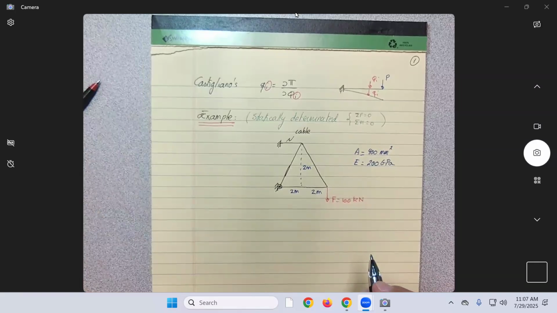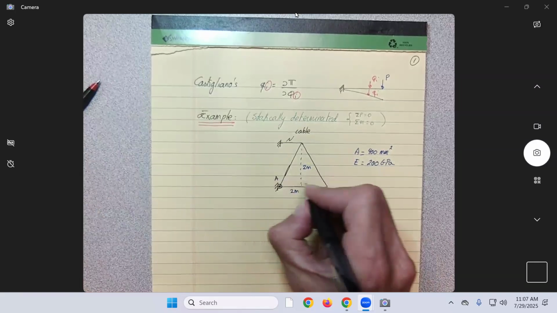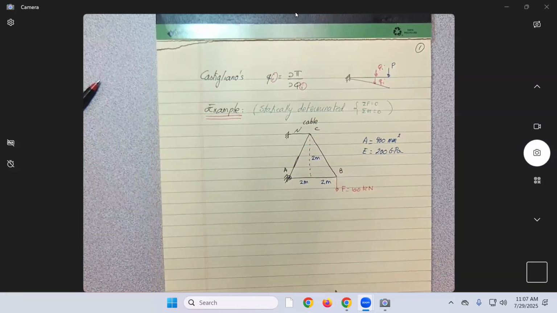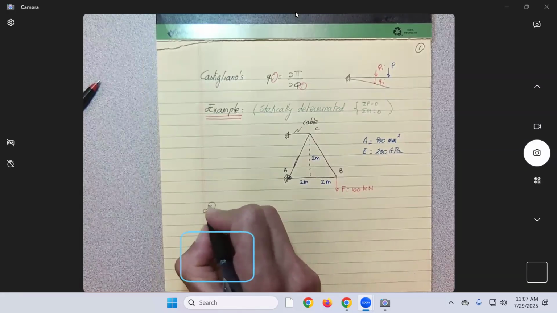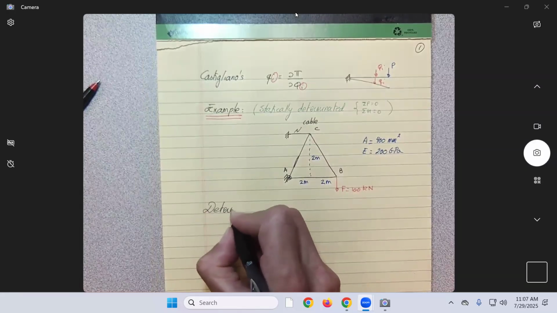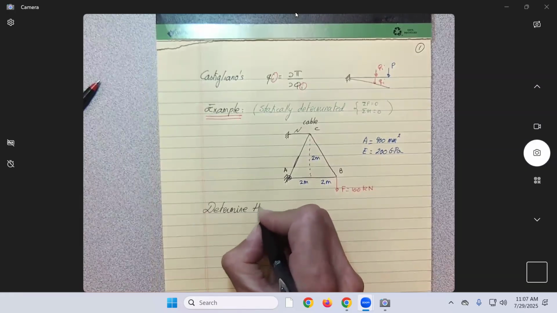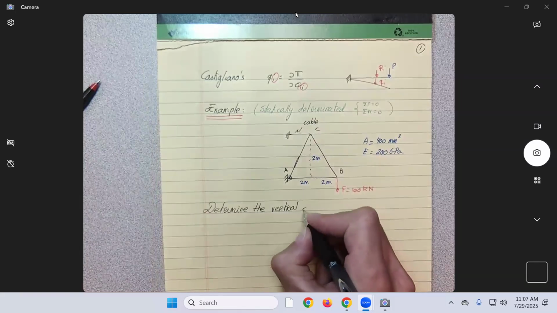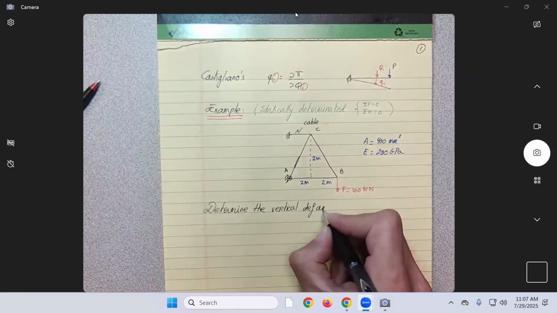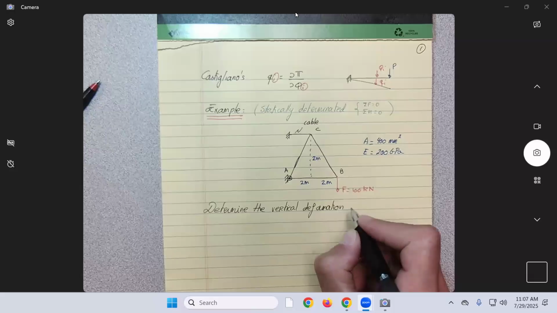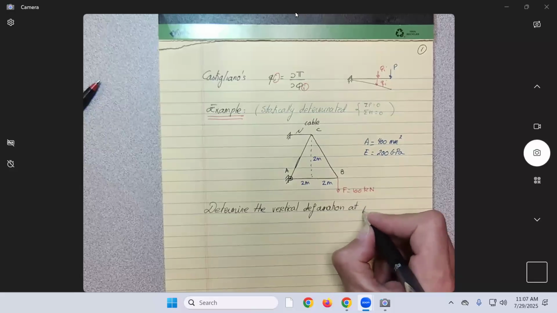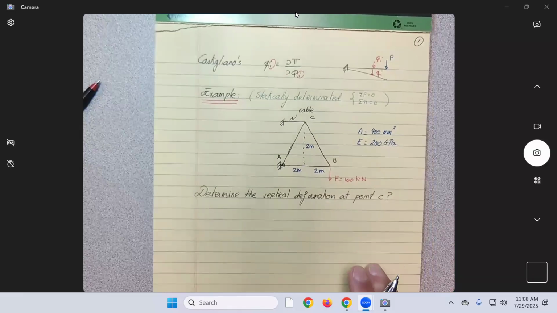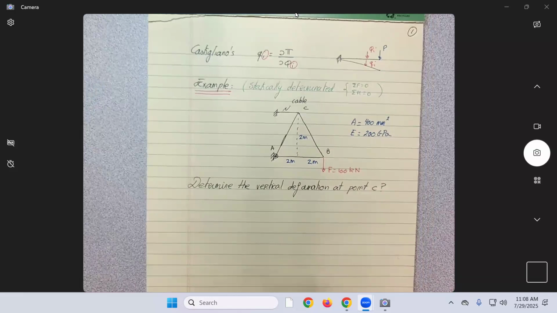This would be points A, B, and C. So the problem is to determine the vertical deformation at point C. Okay, so we go from simple to more complicated.